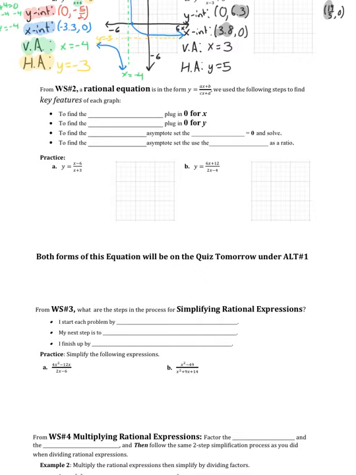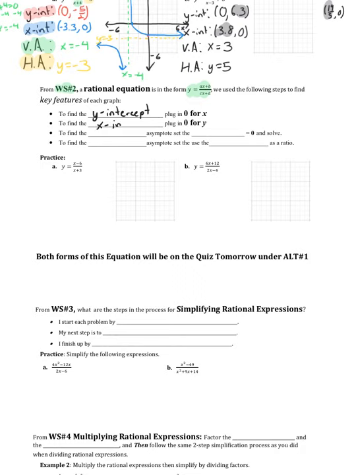From worksheet 2 last week, we specifically talked about this other form of the equations, y equals (ax plus b) over (cx plus d). And for these forms where you don't have a plus k at the end, everything ends up staying the exact same except for the horizontal asymptote. But we still plug in 0 for x to find the y-intercept.